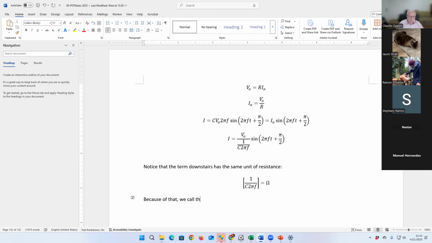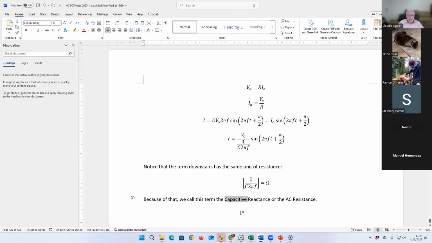So this term that you see here, we call this term the impedance or the AC, right? I prefer to call it the AC resistance. Oh, sorry, it's not impedance. We call it the capacitive reactance or the AC resistance.